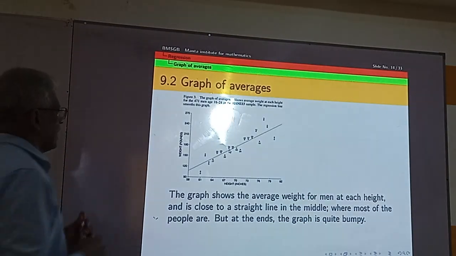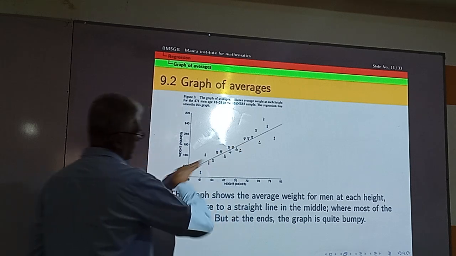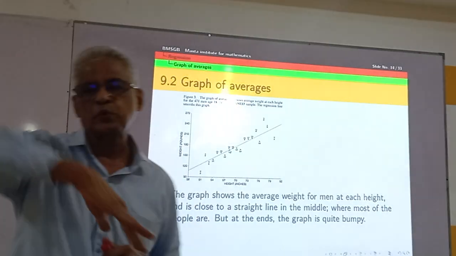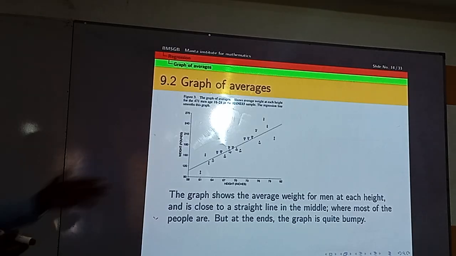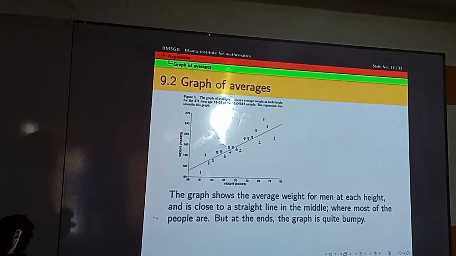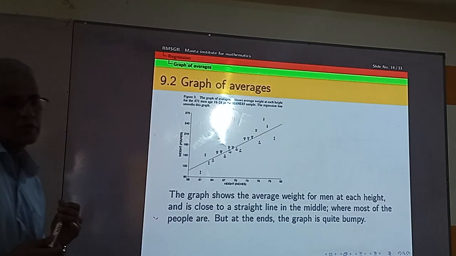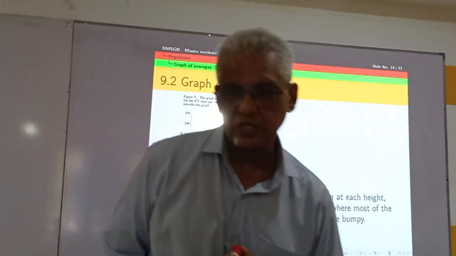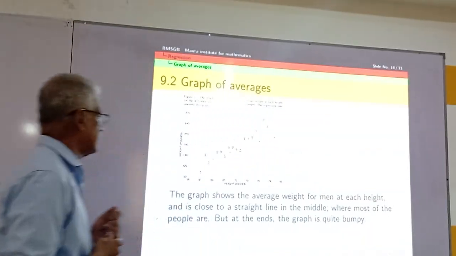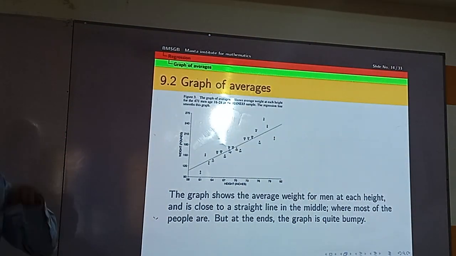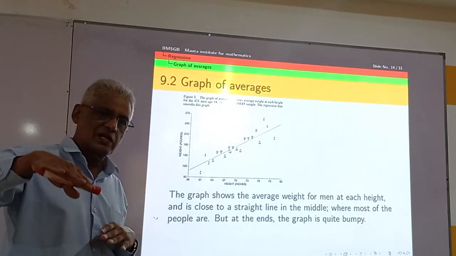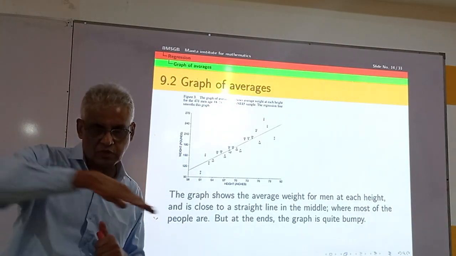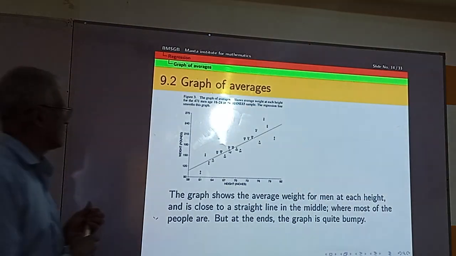So you can draw a line through the points, kind of a smooth curve or a line. In this case, line is suitable. So that is what actually we mean by the regression line. The actual averages will not be exactly on a line, but the regression line is a line that approximates the averages.